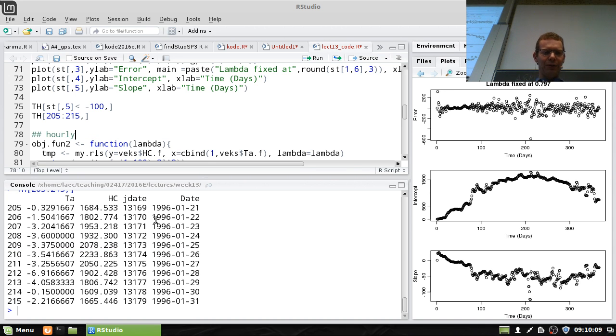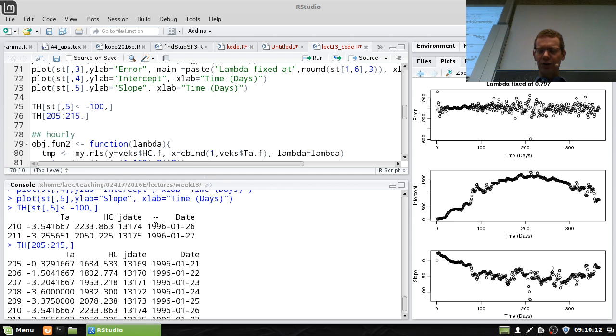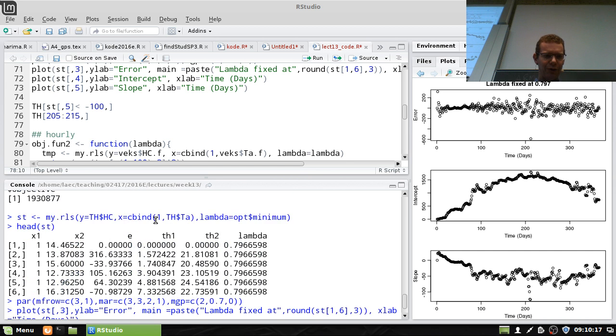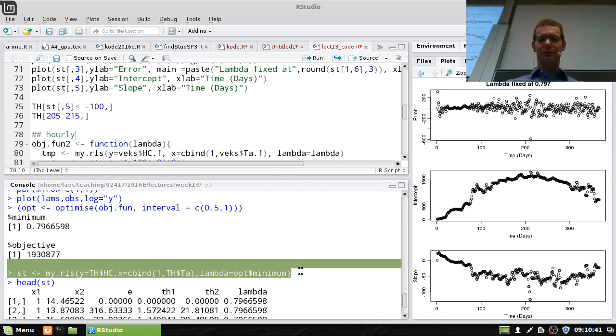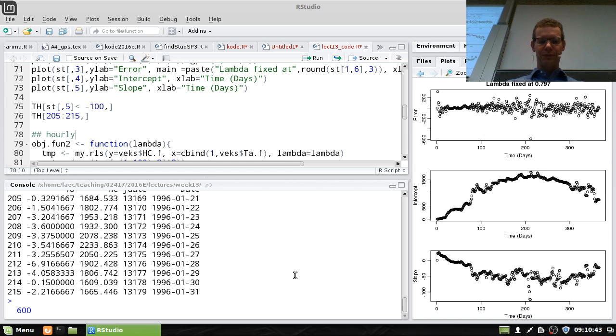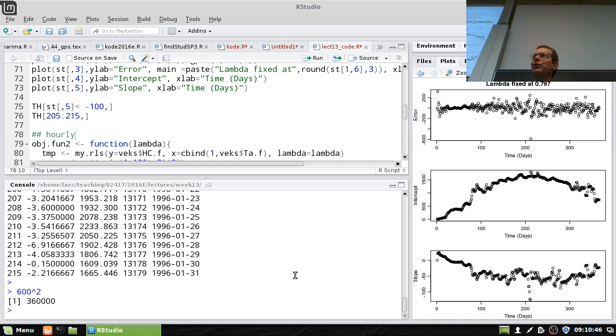If you look at the objective function, oh sorry, the prediction error is 600. If you go back and look at the objective up here, it's roughly 2 million. Now, if you take just this observation here, 600 squared, what is that? $300,000.